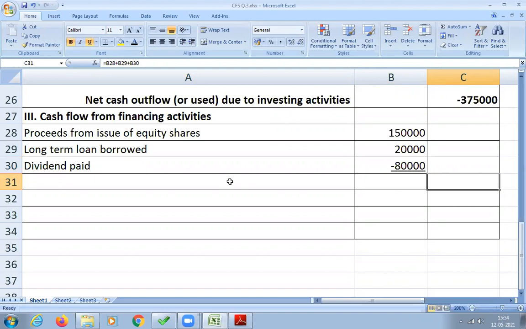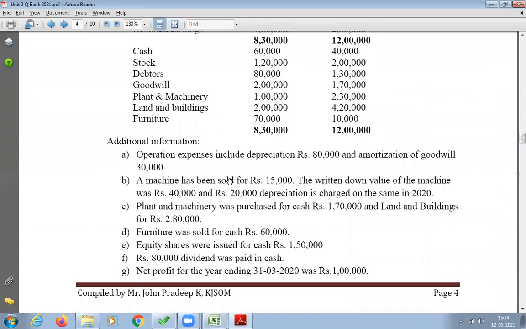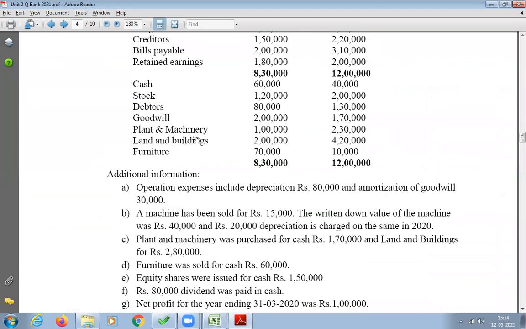Sir, what about retained earnings? Retained earnings will not come; that is not an investing activity.